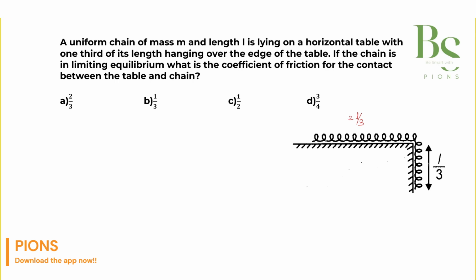So mass we have to figure out, because that's a very important concept. We can't say directly that the mass will be this much, because the mass of the whole chain is M. We will see how much mass is over here. We will first find the mass per unit length.